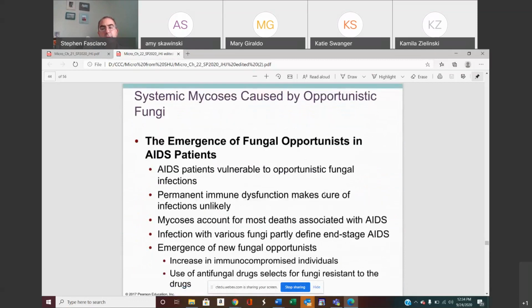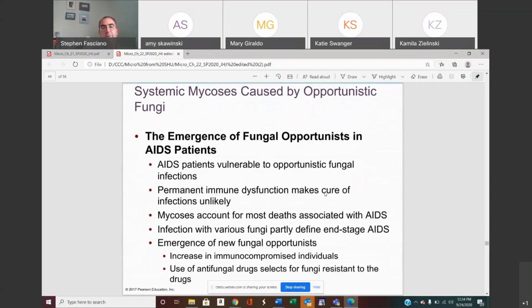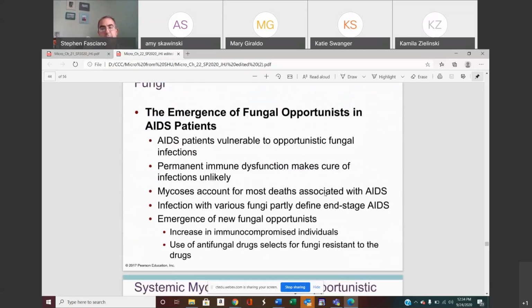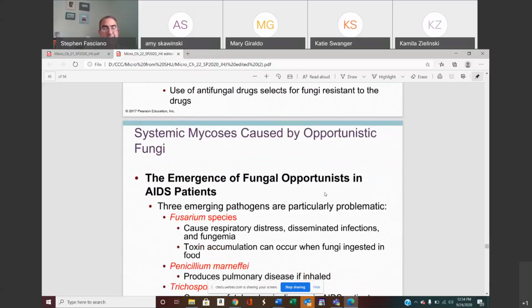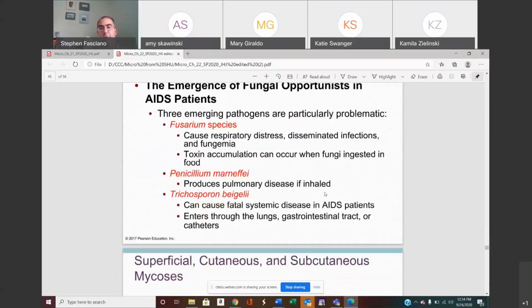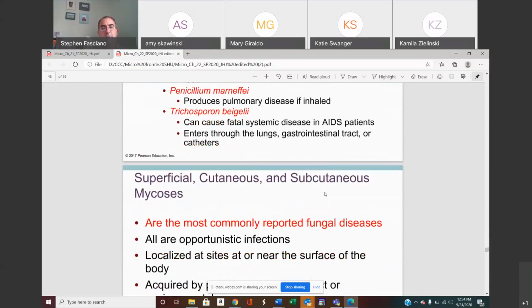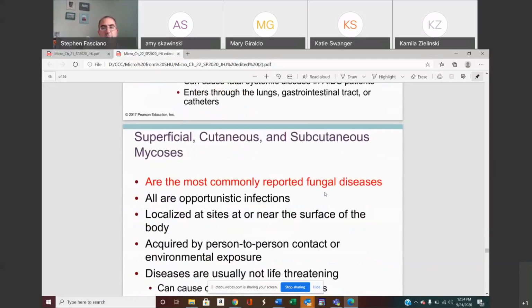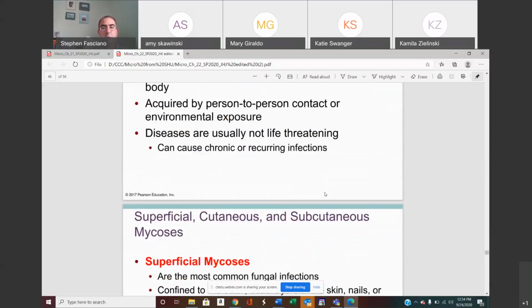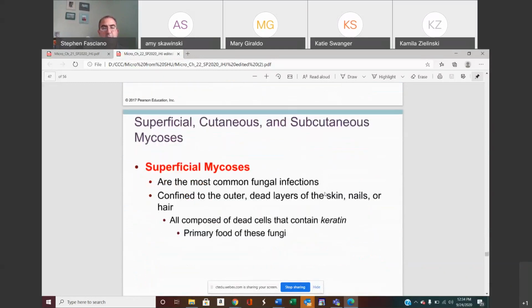And then it goes on to talk about the emergence of certain opportunistic infections in AIDS patients, as AIDS has become more of a worldwide disease, and more people across the world have been positive for AIDS. There are more of these opportunistic fungal infections.